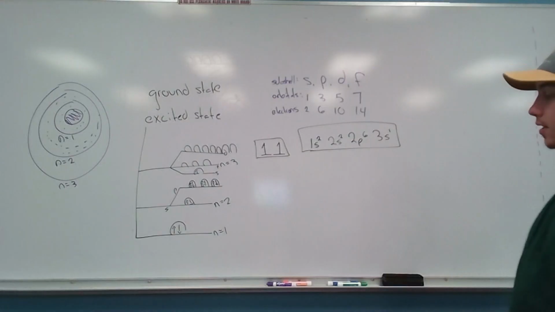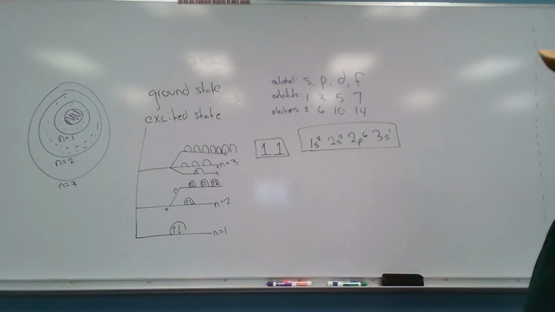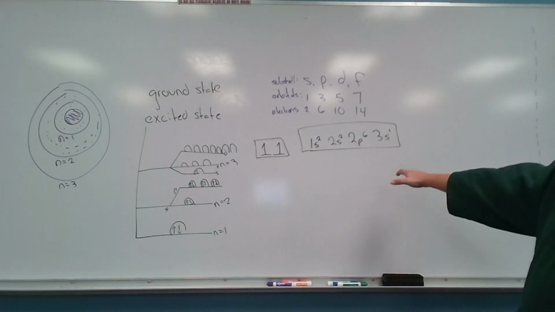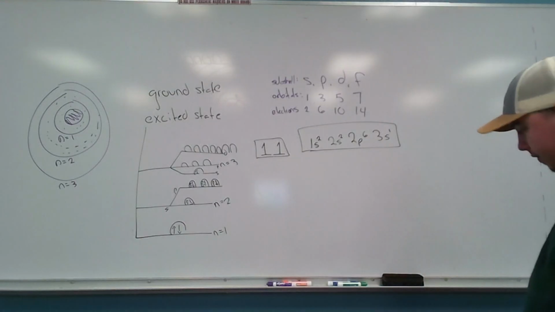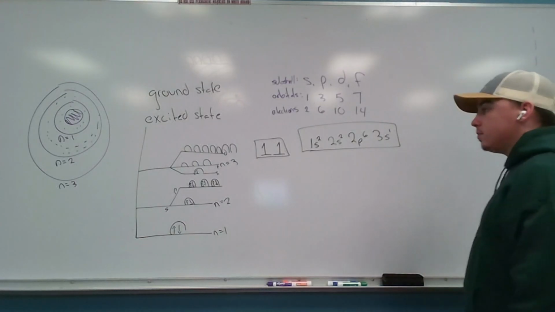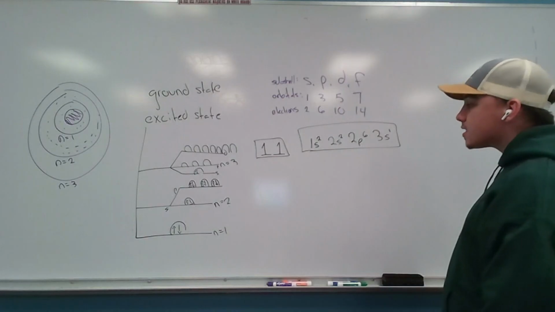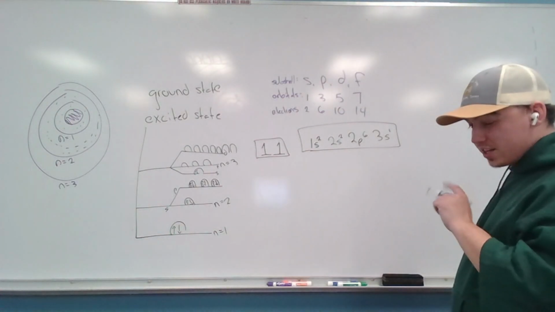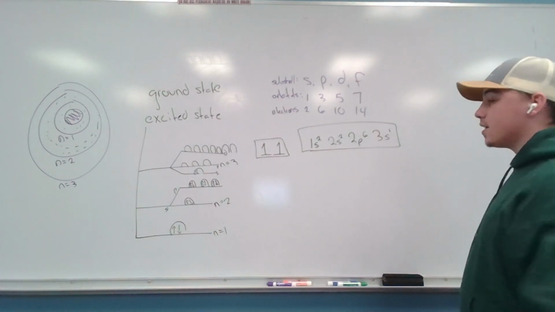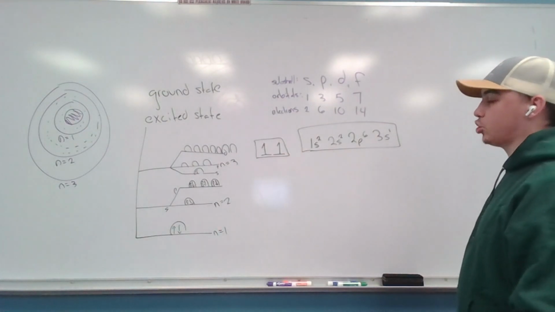So it does get a bit more complex than that, but this is how you basically write the electron configuration for an element. So the next level of this is the noble gas configuration. That sounds scary, but what it is is a shorthand.